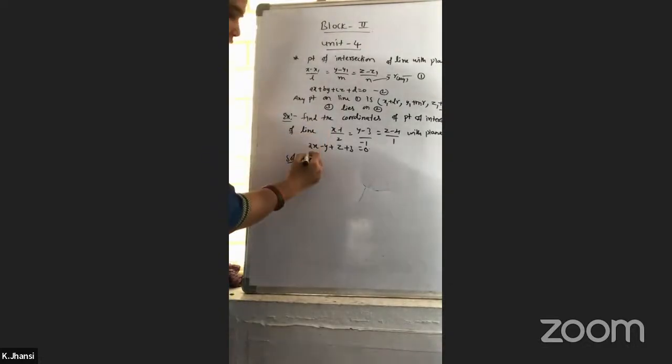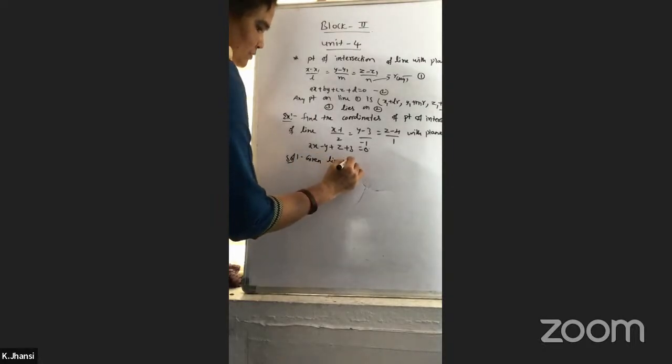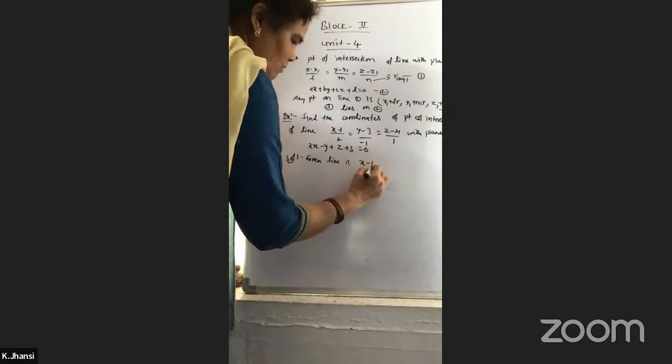The given line is this one, (x minus 1) by 2 equals (y minus 3) by minus 1 equals (z minus 4) by 1, equals r, you take. Okay. This you can take as equation 1.